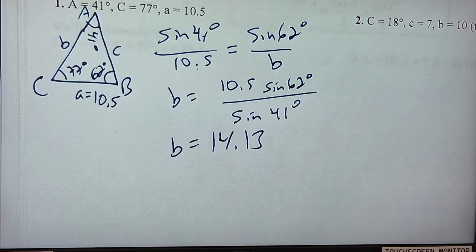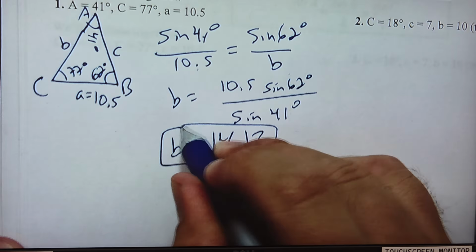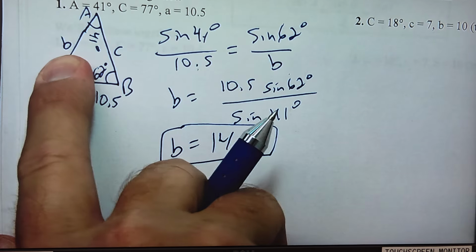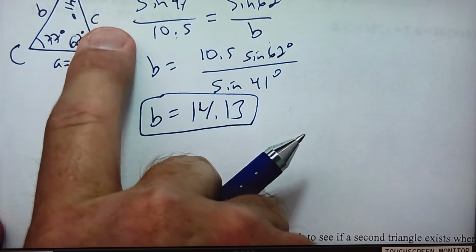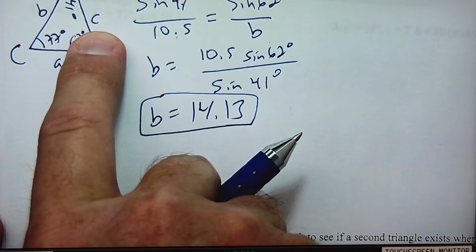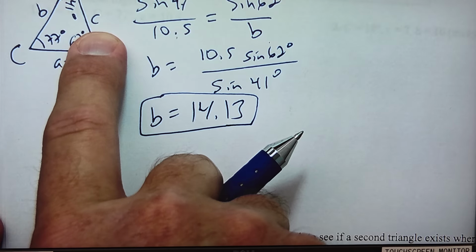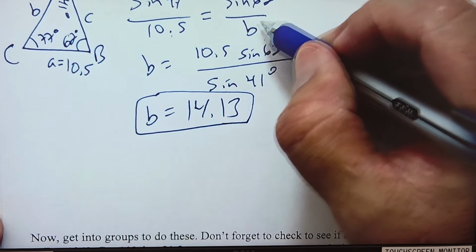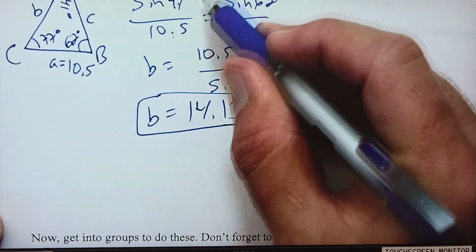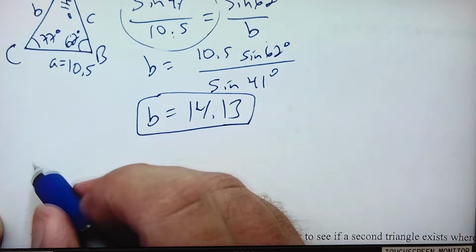Let me catch up to what you're saying. We got side B, what do I still have to figure out? Side C. So I have to do everything for side C. Is that what you're asking? So we did everything with B, and we got side B. Now I want to do this ratio again.